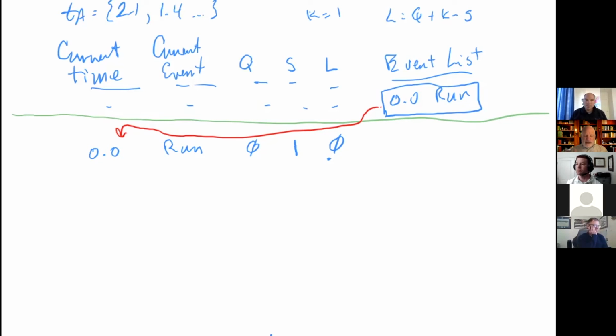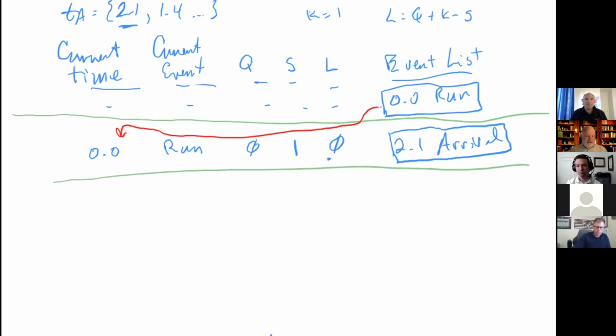It schedules an arrival with a delay of time 2.1. So now we have a single event on the event list, and that 2.1 is 0 plus 2.1. Now we're basically done, and we have used up this first time. That's one iteration.